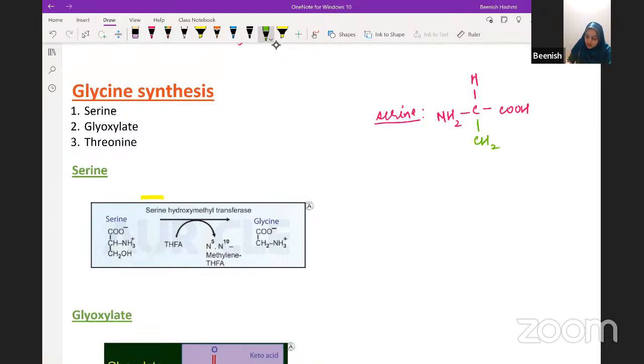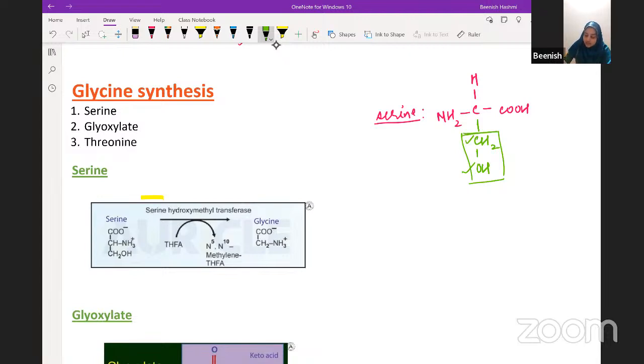So it has a beta carbon to which a hydroxyl is attached. This is the extra part in serine. So serine has an extra carbon and a hydroxyl as compared to glycine. So this beta carbon and this hydroxyl have to be removed.